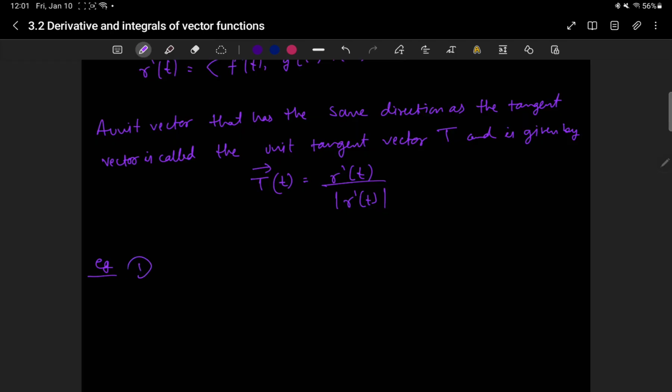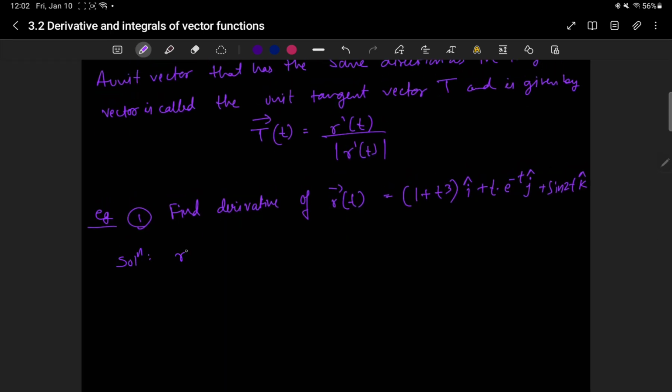Let's look at an example. Find the derivative of the vector function given by 1 plus t cubed in the i cap direction, t times e raised to negative t in the j cap direction, and sine 2t k cap.